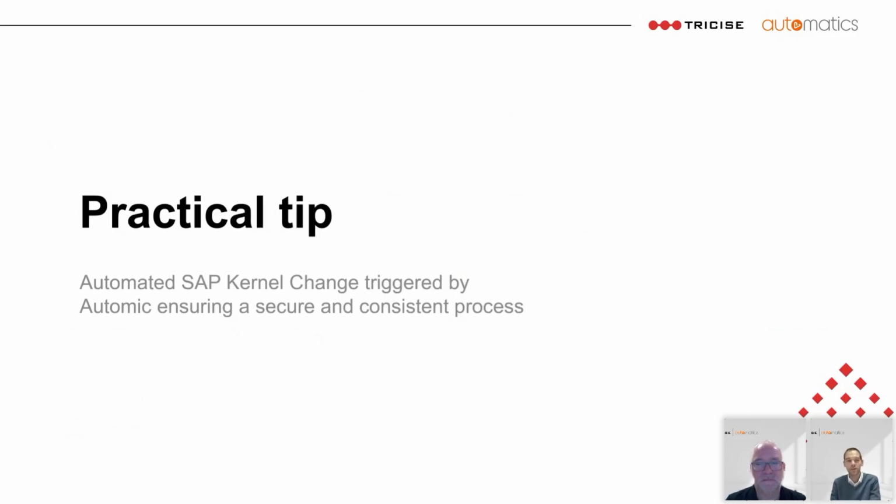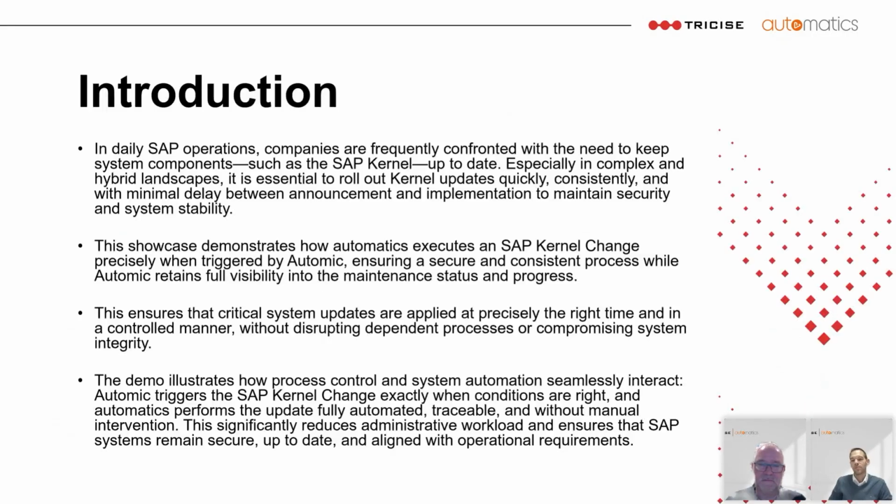So the leading system is Automic, and Automic is ensuring that the complete process will be handled consistently, securely, and end-to-end with all the information you need. And Automatics, as an example, performs a simple SAP kernel change, moving the information back to Automic.